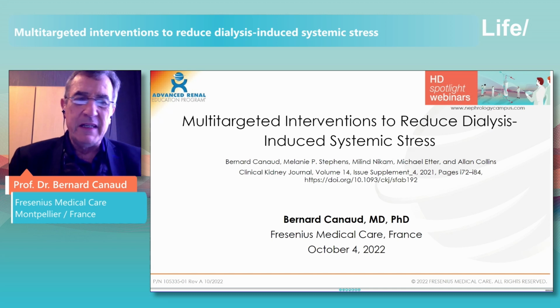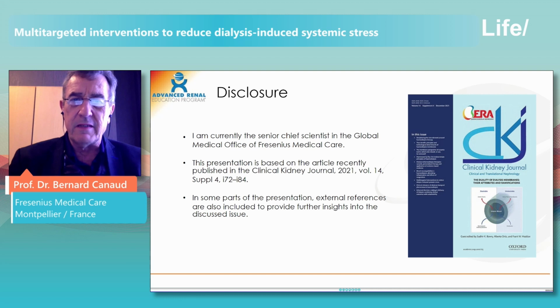So the target today is just to talk about what we have learned over 50 or 60 years about dialysis-induced systemic stress. The idea is to show that maybe with an optimal way of treating the patient, based on a multi-targeted intervention, we can reduce this dialysis-induced systemic stress.